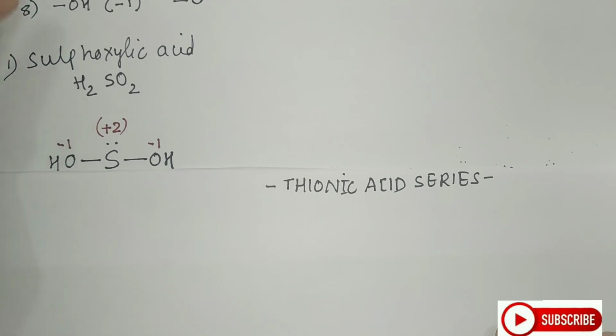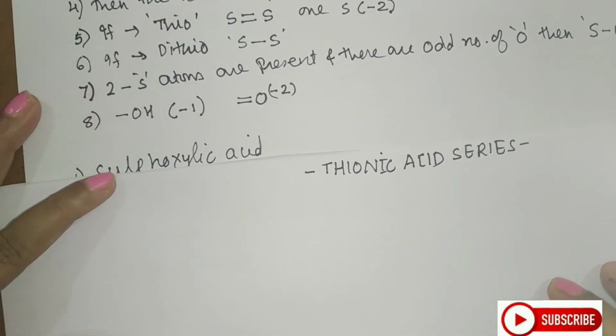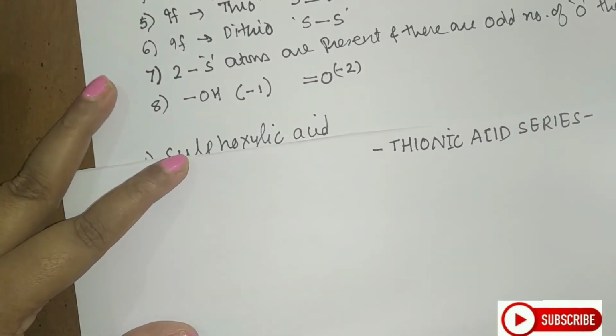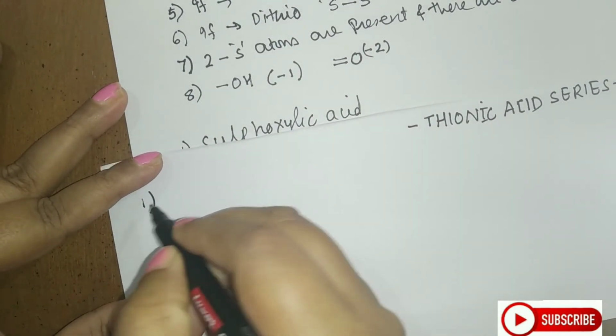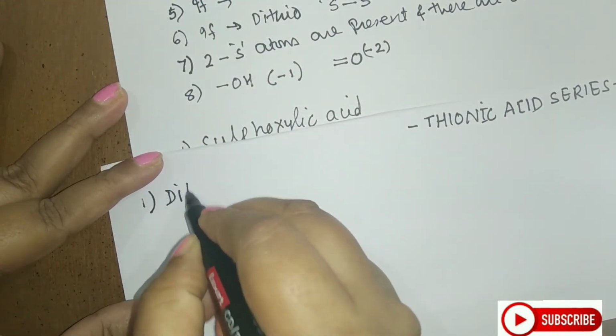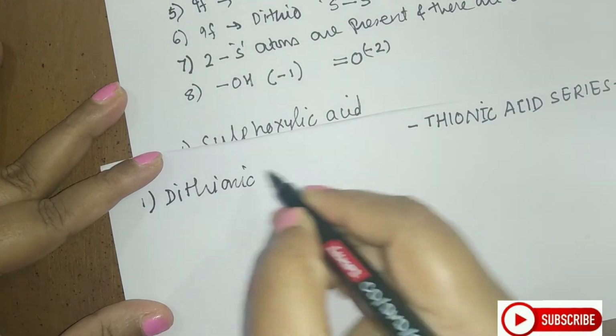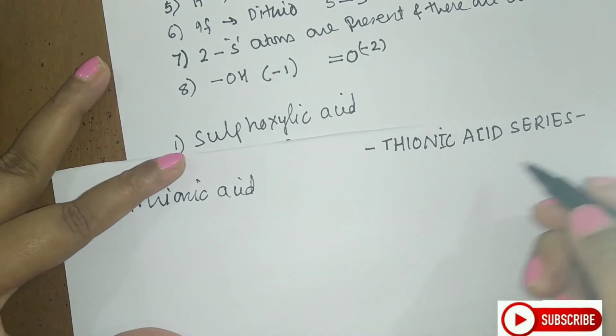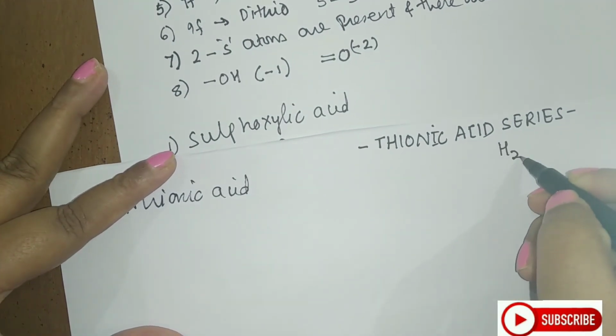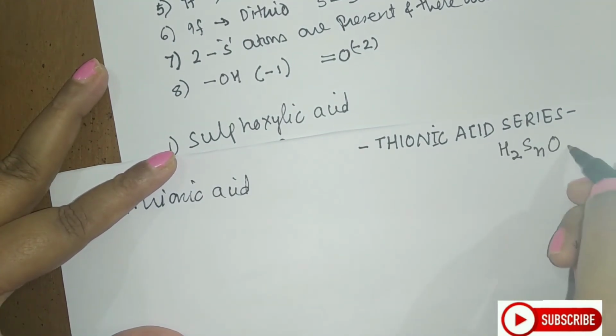And this series is thionic acid series. In thionic acid series, the first example what we'll be considering is dithionic acid. Now students, actually this thionic series, they have the formula of H2SnO6.